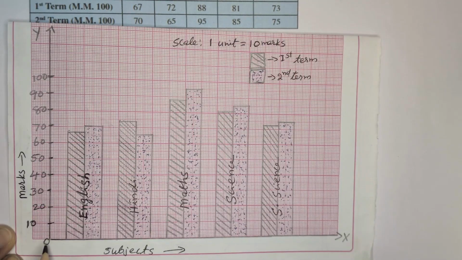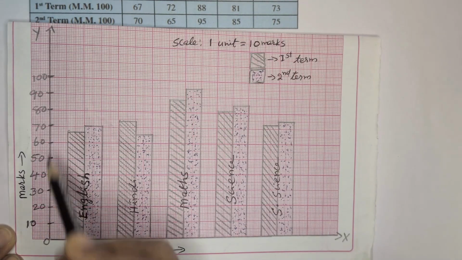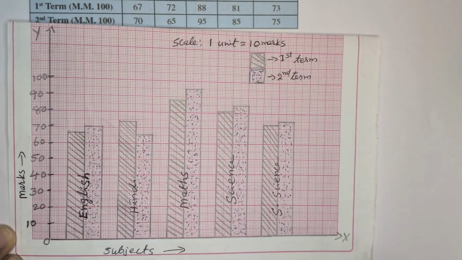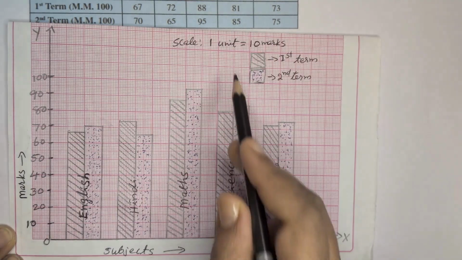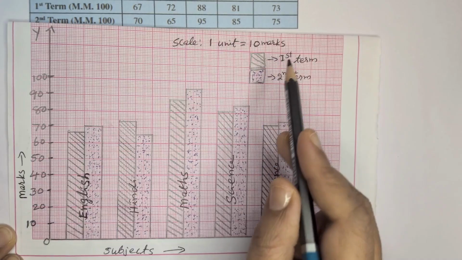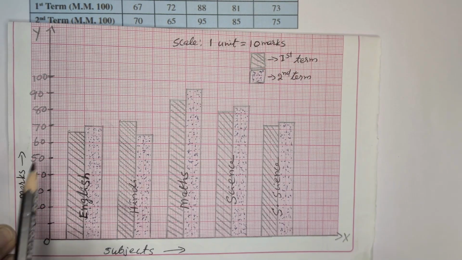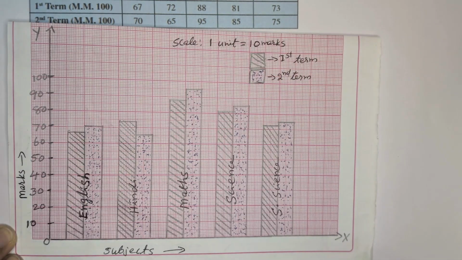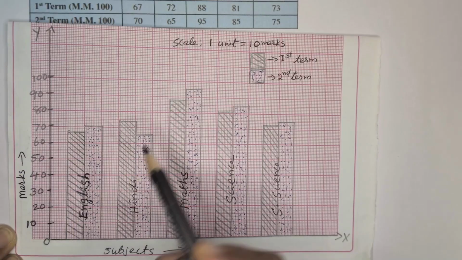For that, first we have to draw x-axis and y-axis, OX, OY. Here, O. And then we are choosing the scale 1 unit as 10 marks. So 10, 20 up to 100. It's a double bar graph.